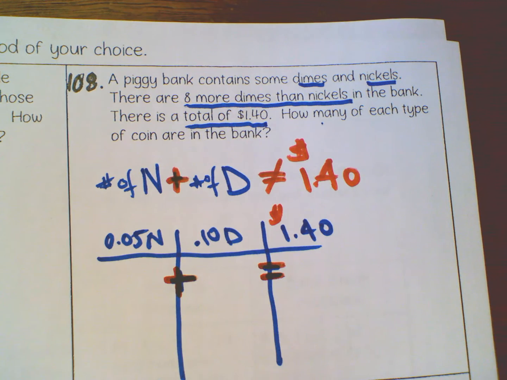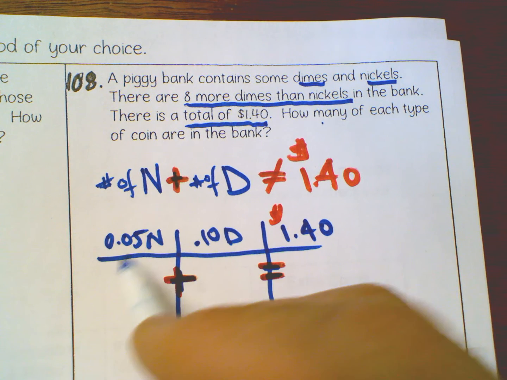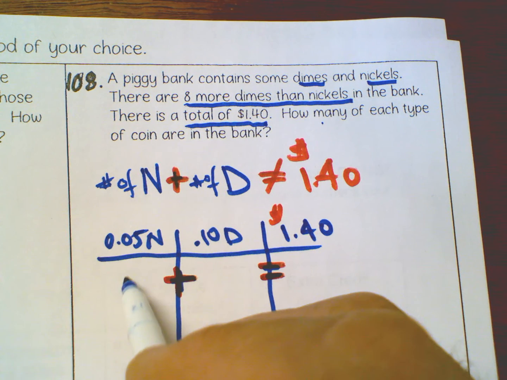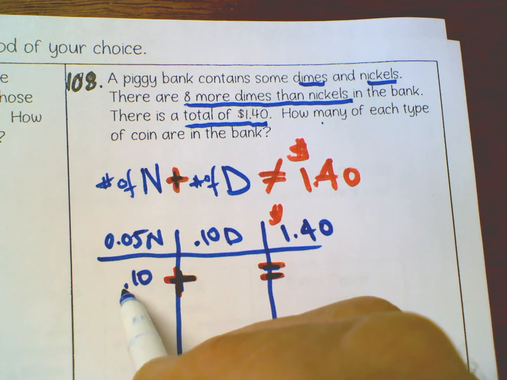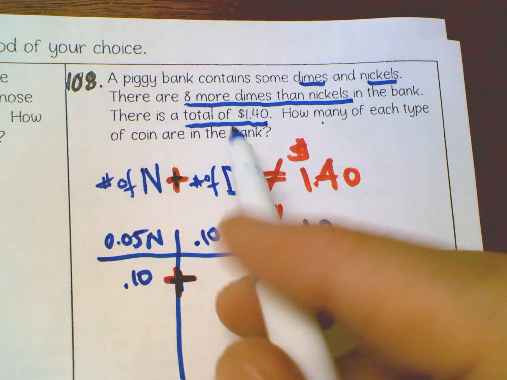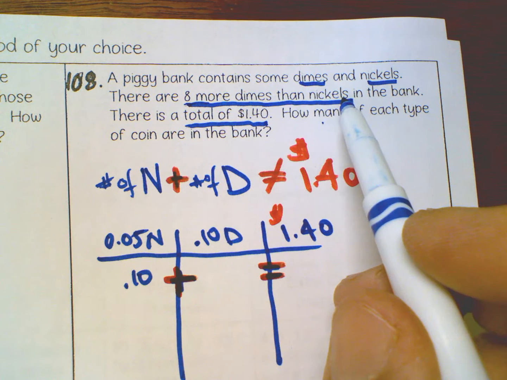So if I were to just guess, say 2 nickels, that would give me 10 cents, right? So 2 nickels is 10 cents. But the key thing is, what do I know? There's 8 more dimes than nickels.